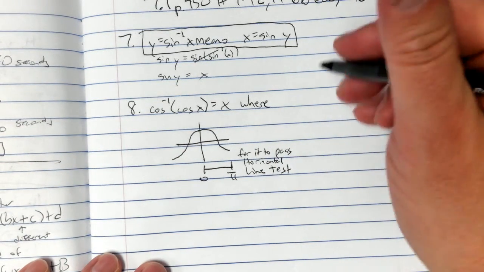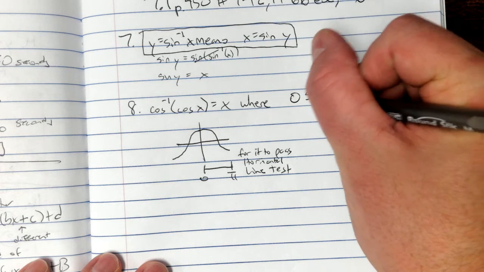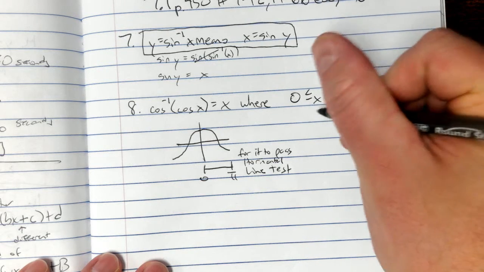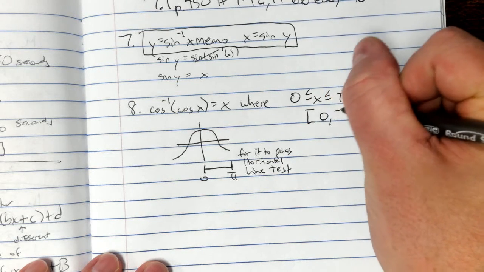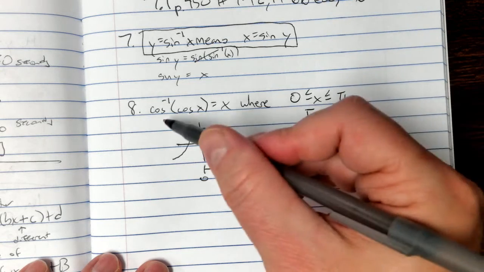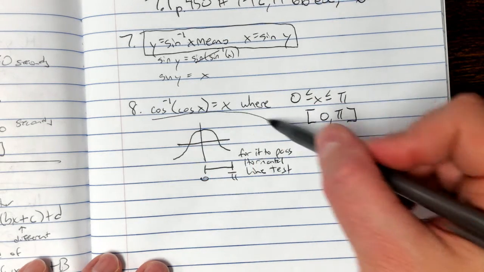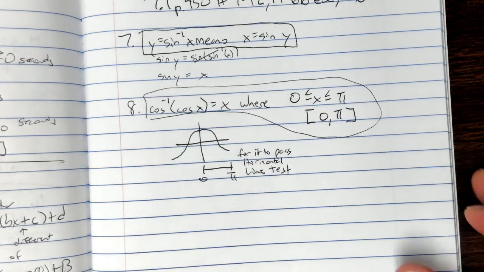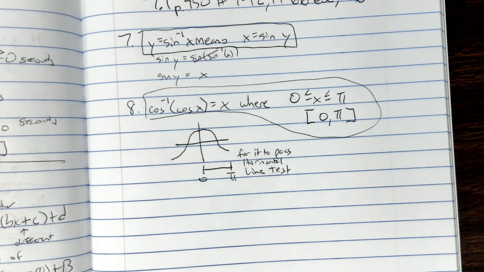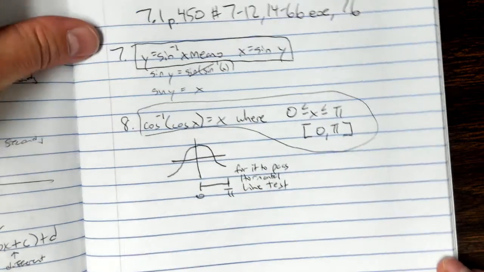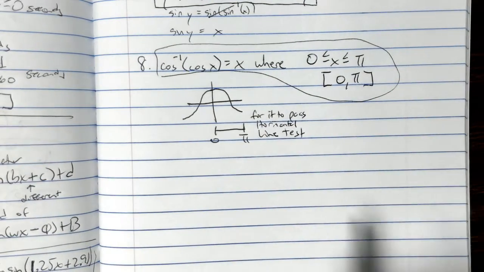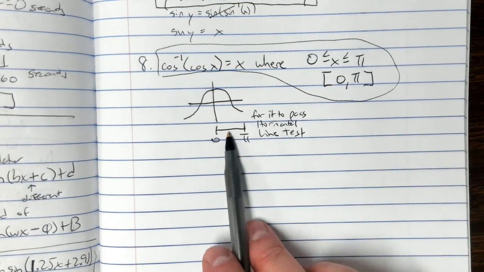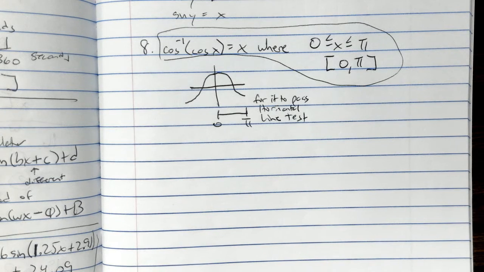And so that means we need 0 less than or equal to x less than or equal to pi, or you could just put 0 pi. And you want to pass the horizontal? Yes, we do. Yeah, exactly right. So that part you have to write. If you don't want to draw the graph, you don't have to.